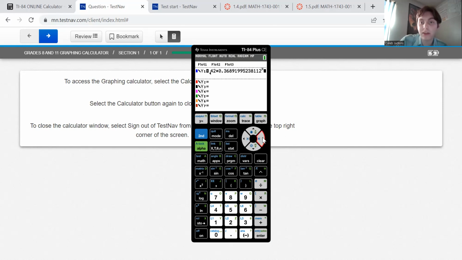Now, 3 decimal places of accuracy for this kind of function would mean we would look for 0.368 and then round out to this decimal, so it'd be 0.369. So we would write down 1.722 times 0.369 raised to the x power.